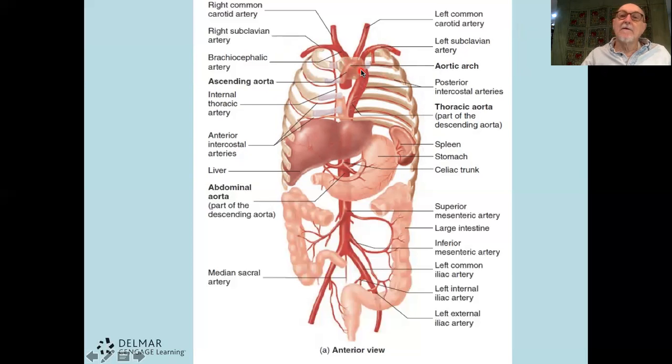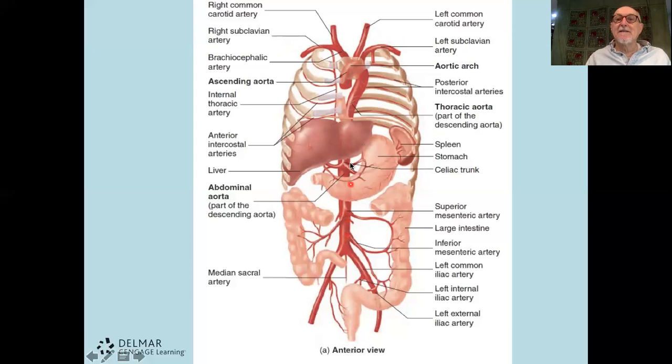And then the aorta curls back down, and this is called the descending aorta. The descending aorta runs more or less against your backbone, and it is going to supply blood to all of the rest of the body from the thorax down.